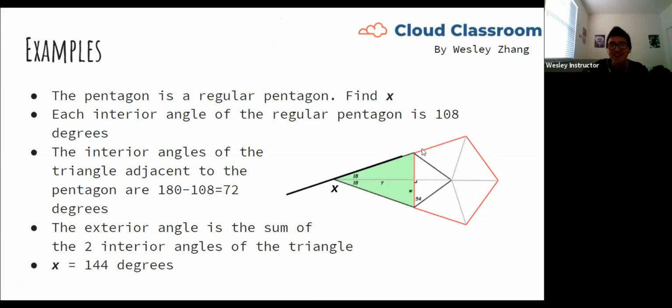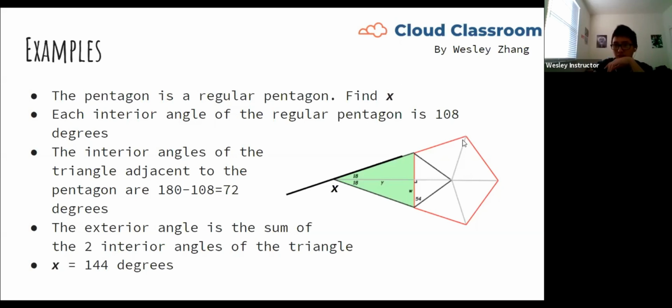All right, so this pentagon here is a regular pentagon. That means all the interior angles of this pentagon are equal, and I want to find x. If we use the formula to find the sum of all the interior angles of a pentagon, we find that it equals 540 degrees.